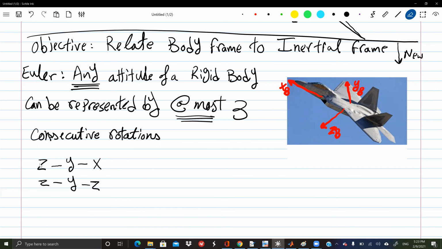Can I do the second rotation about this Z again? The answer is no, because this is not a new rotation. If you do the second rotation by 20 degrees, it's as if you have only one rotation about Z by 50 degrees. So this is not a new or independent rotation. Any question about that?